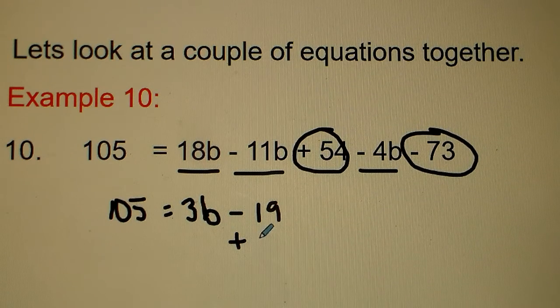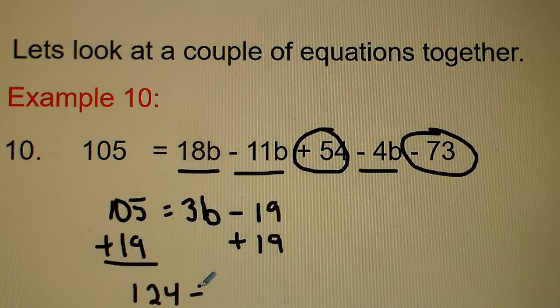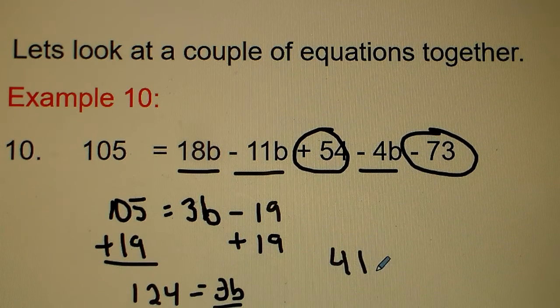We add 19 to both sides. 105 plus 19 gets us 124. 124 equals 3b. Divide both sides by 3. And you're going to get 41.3 bar notation.